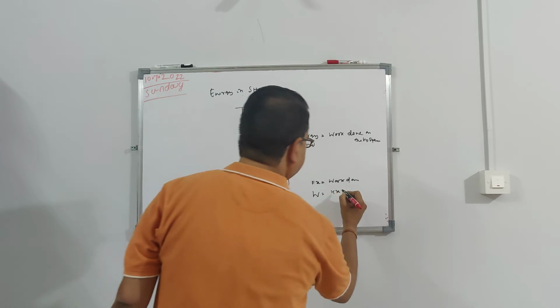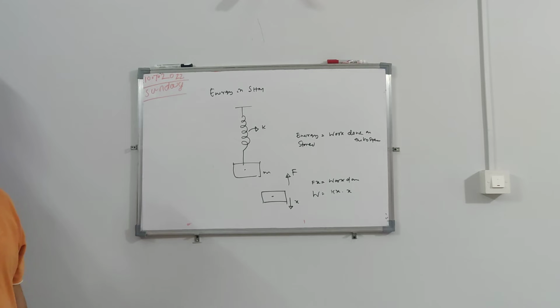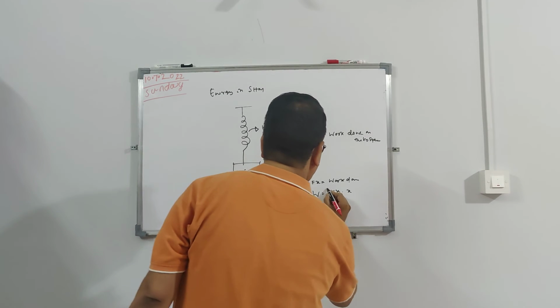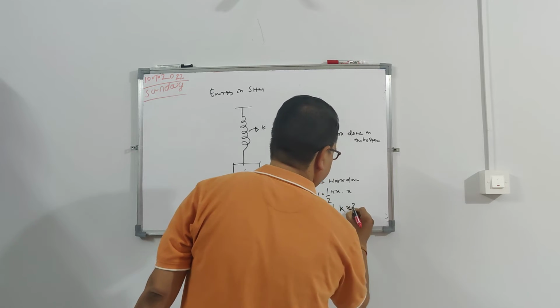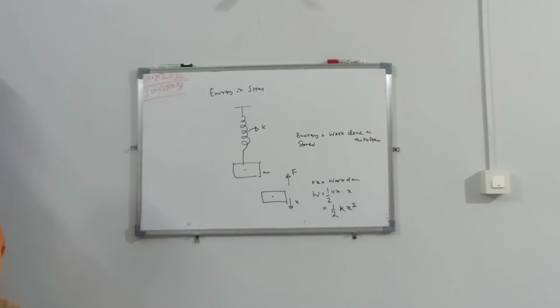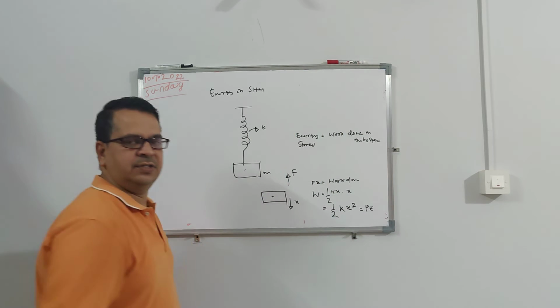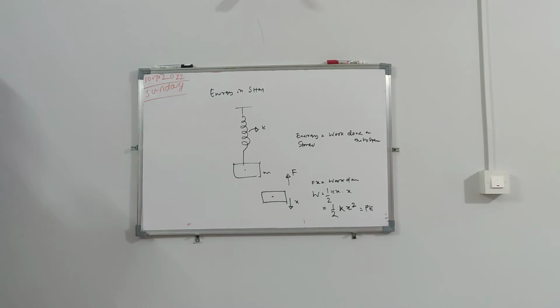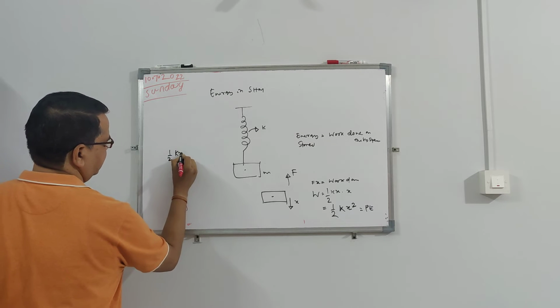So kx into x, and you take the average of it, half. So this becomes your half kx square. So this is the work done, or otherwise this is called the potential energy of a spring mass system. So potential energy of a spring mass system is equal to half kx square.